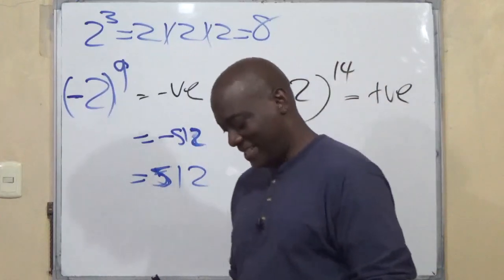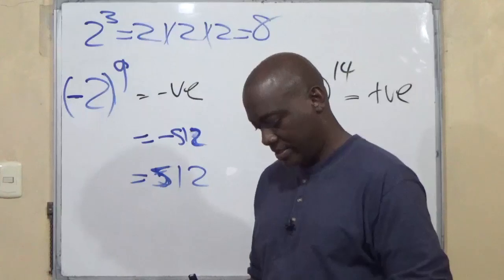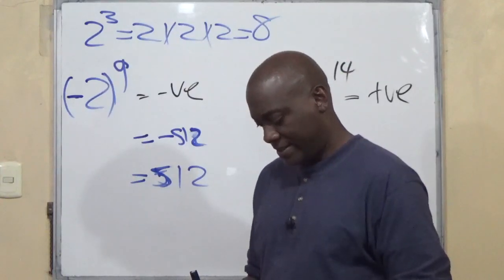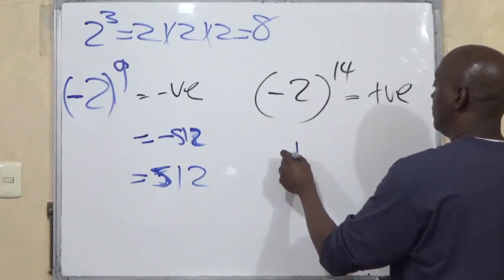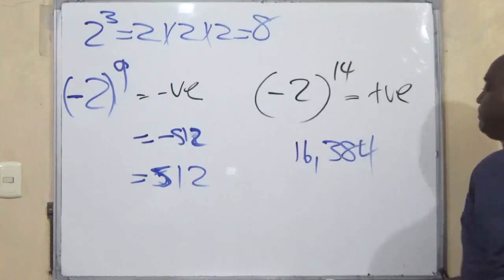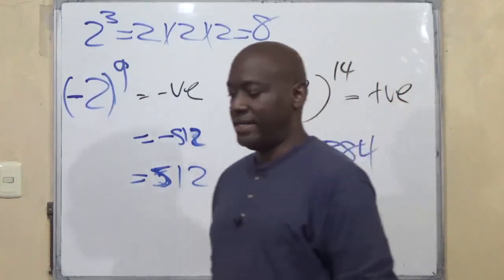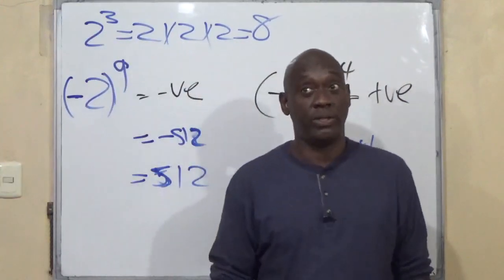2 to the power of 14 is, let me see, boom, 16,384. So minus 2 to the power of 14 is also 16,384. Which means then that we can apply a particular rule that I want to write down on the board.